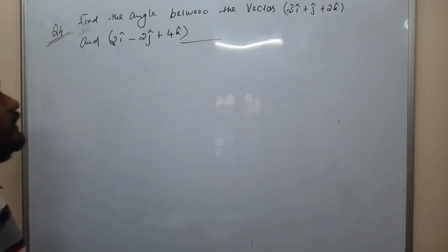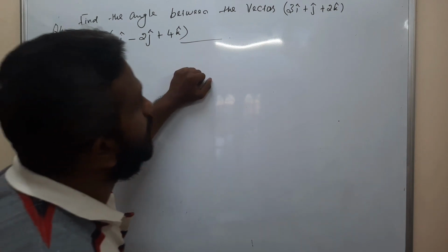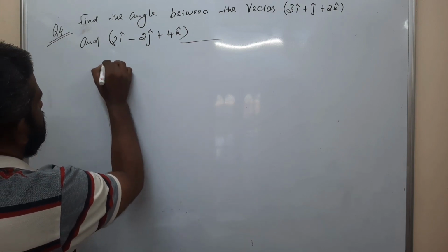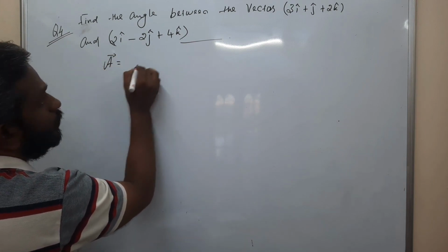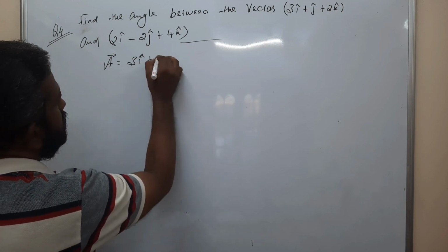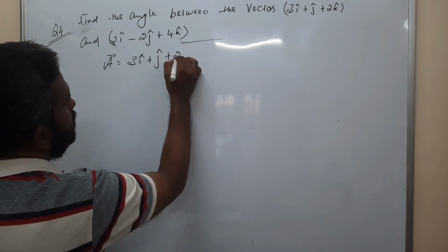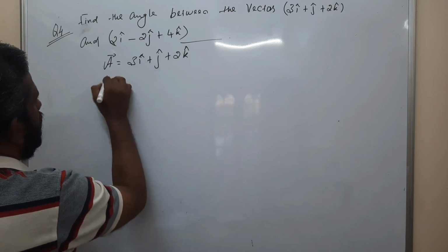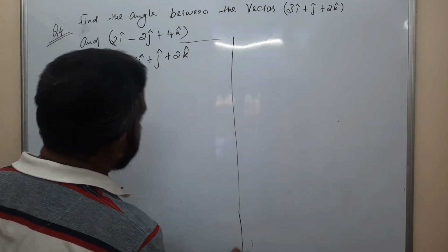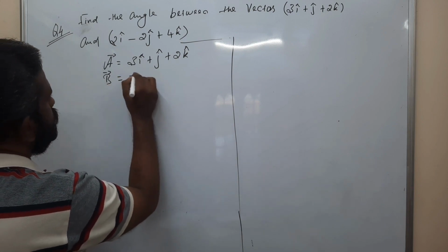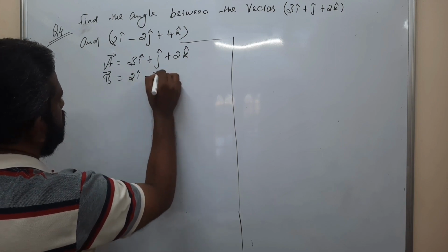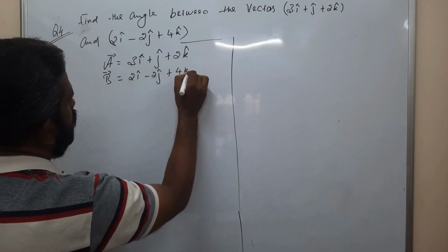So we have to find the angle between these two vectors. First vector, a vector, is equal to 3i cap plus j cap plus 2k cap. b vector is equal to 2i cap minus 2j cap plus 4k cap.